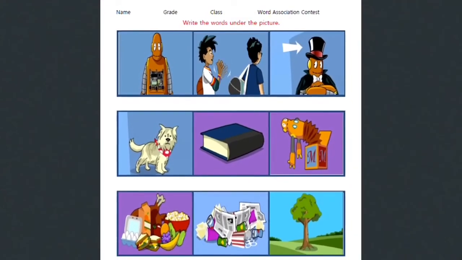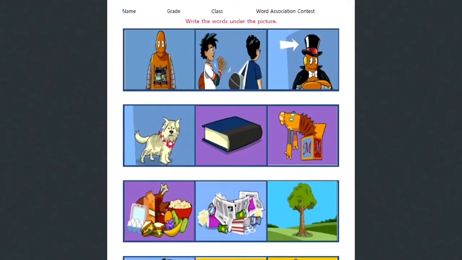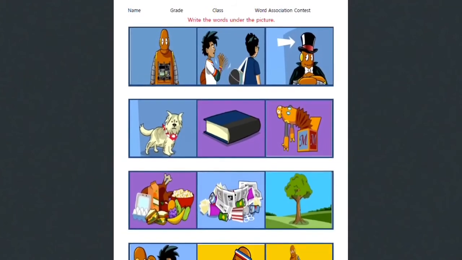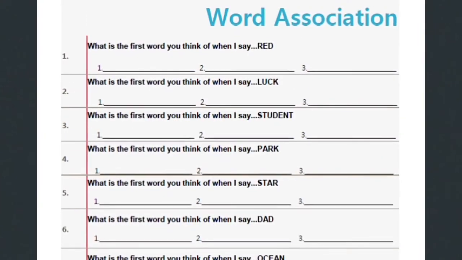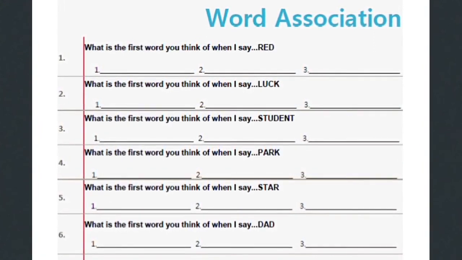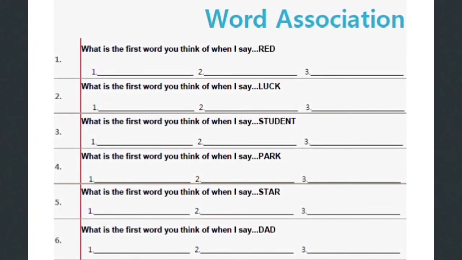Another cool way to use word associations is to show students a picture and have them write a word that they associate with the picture in the box below. You could also combine the two. You could give students a word association worksheet and match it up with a picture.